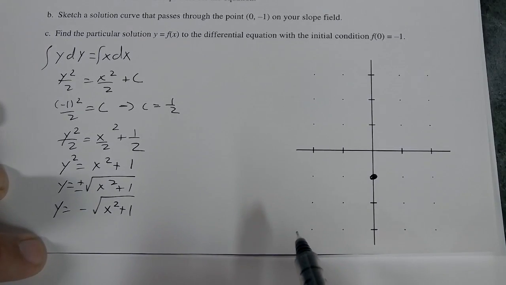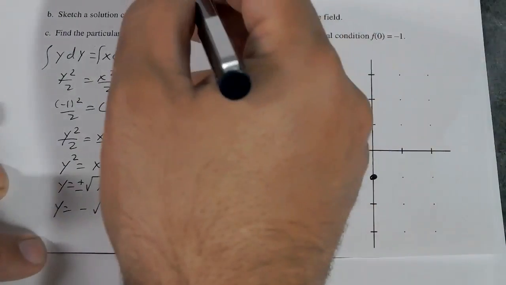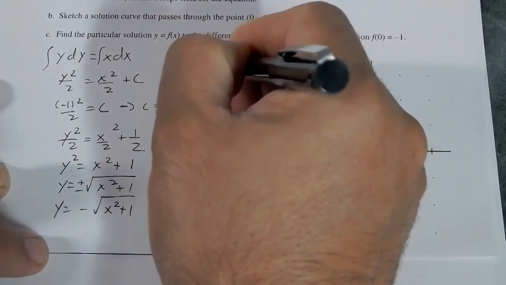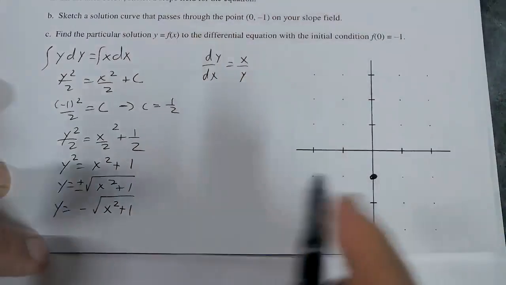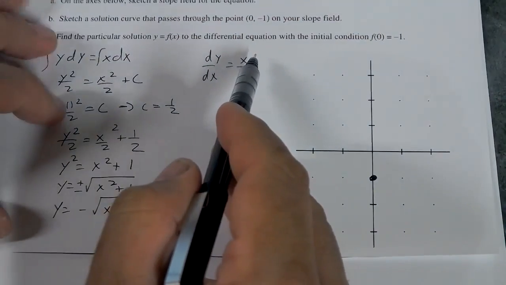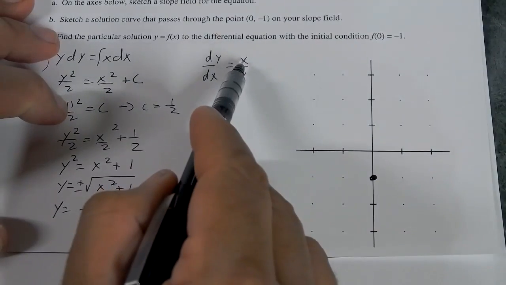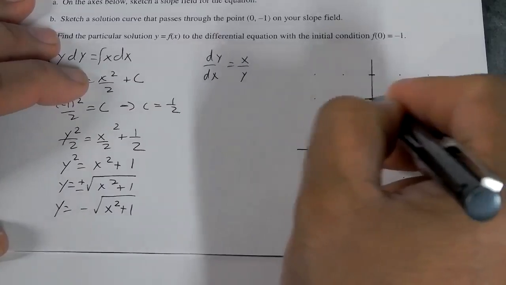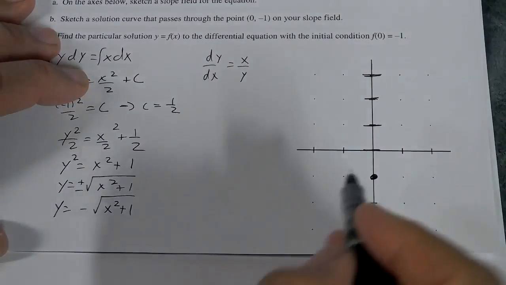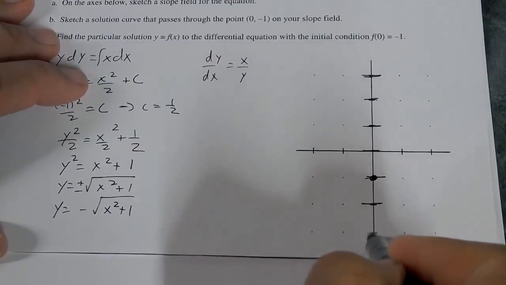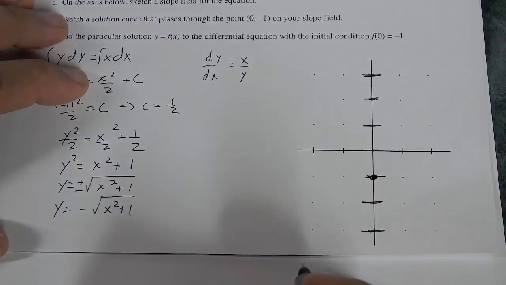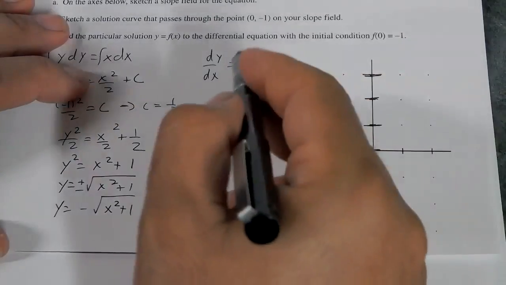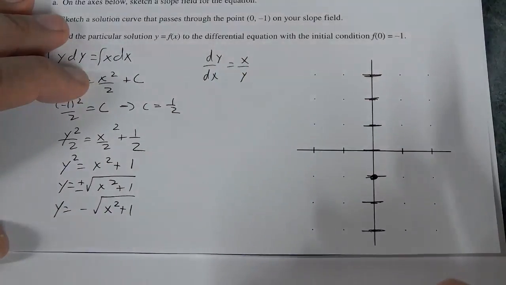here's my derivative again. dy dx is x over y. So when x is 0, all of these slopes right here are zeros. Okay. So let's see what happens now. Remember, this is x over y.